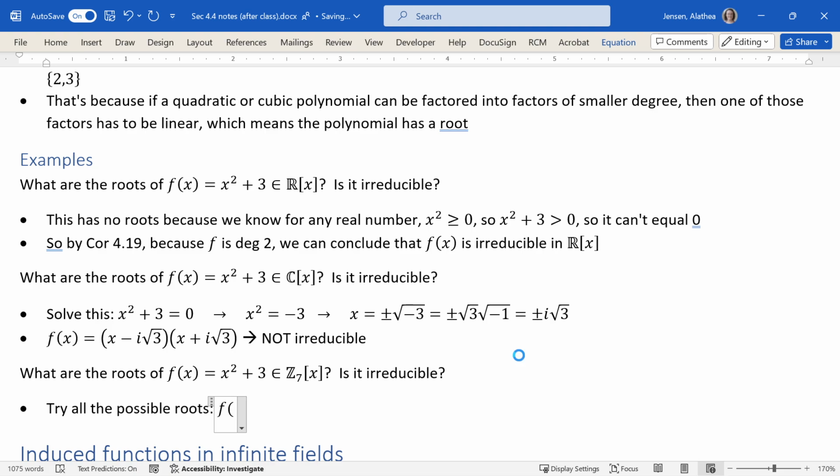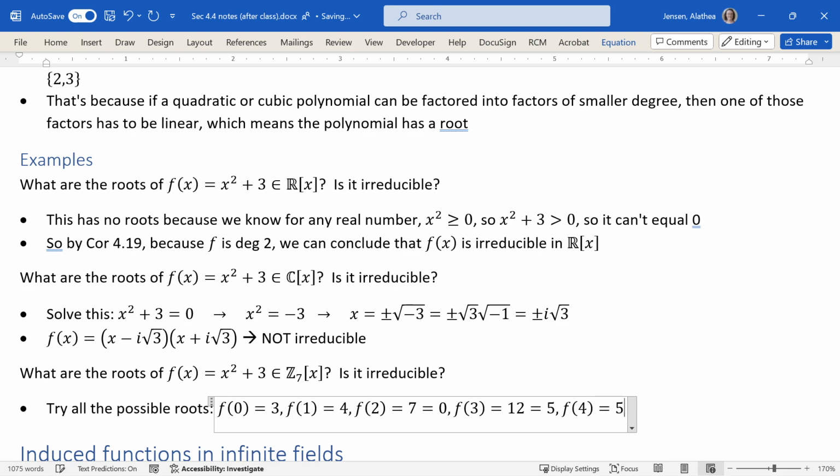Okay, so f of 0 is going to be 3. f of 1 is going to be 4. So I didn't get any yet. f of 2 is going to be 4 plus 3. Oh, that's 7, so that is 0. That's a root. All right, let's see if we can find more. f of 3 is going to be 9 plus 3, 12, which is the same as 5. f of 4, 16, 17, 18, 19, that's 5. f of 5, 28.